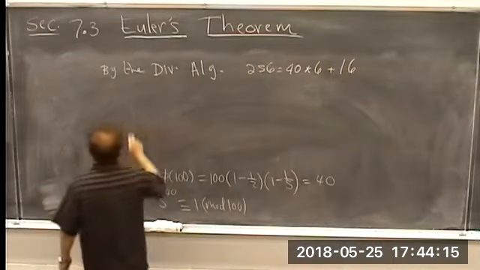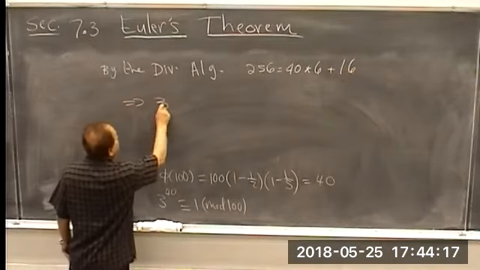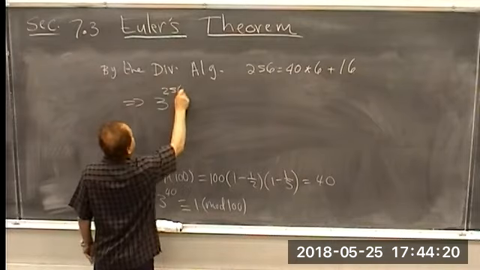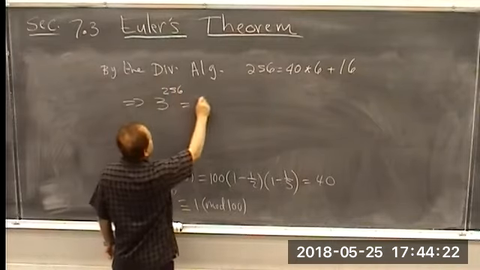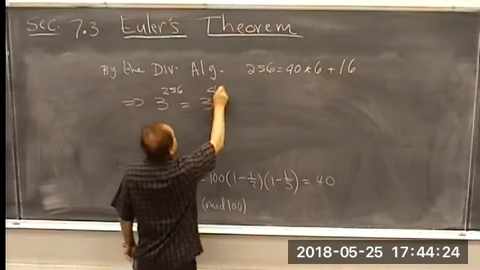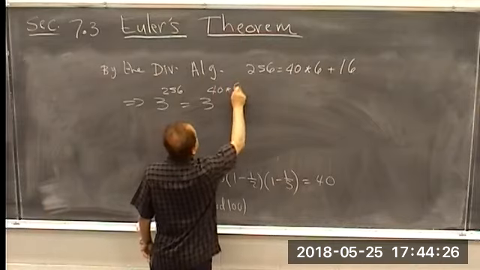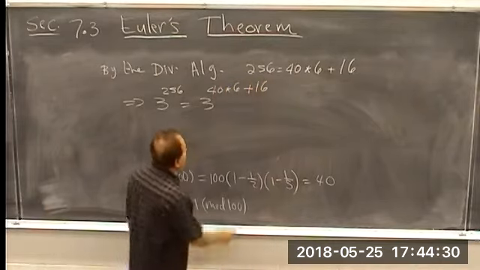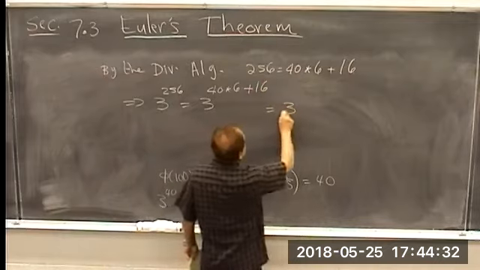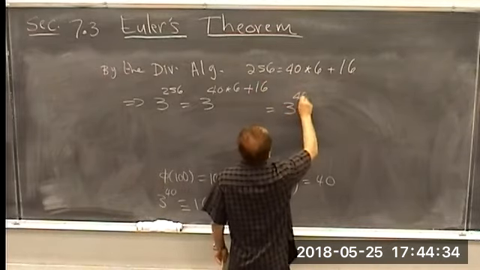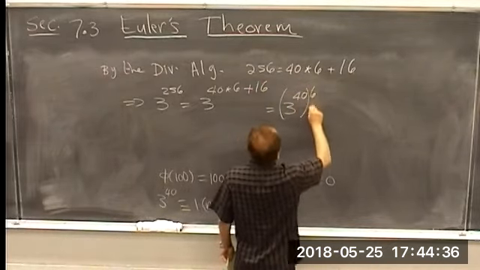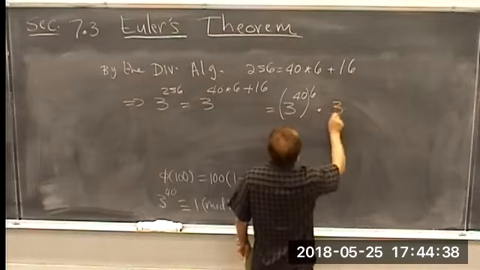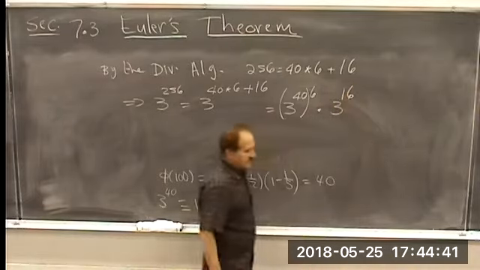And this implies that if we want to look at 3 to the 256, this is the same as 3 to the 40 multiplied by 6 plus 16. And this is equal to 3 to the 40 to the 6 multiplied by 3 to the 16.